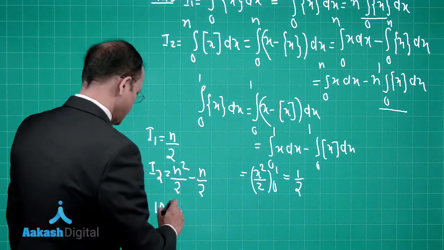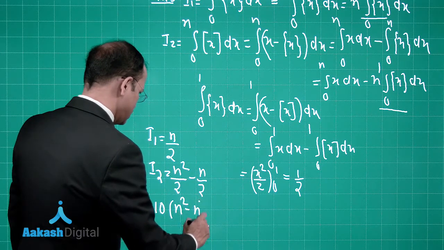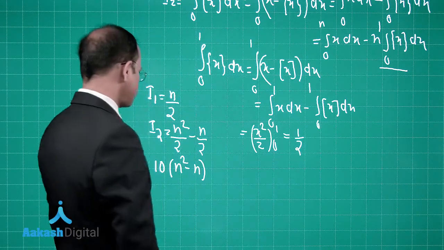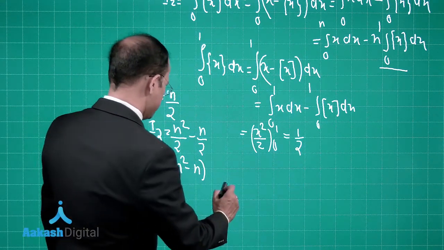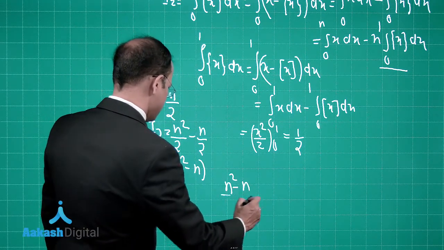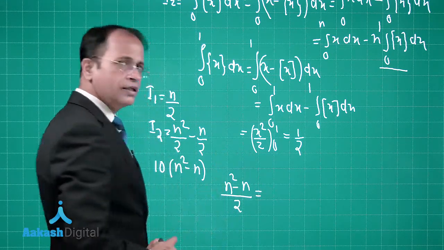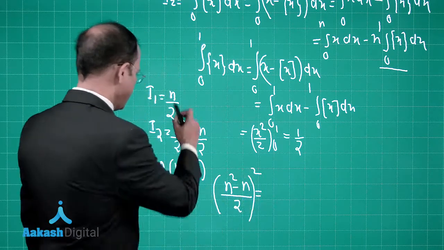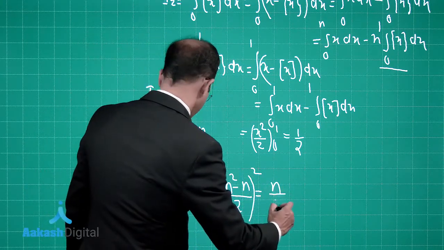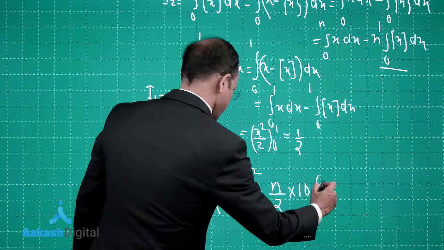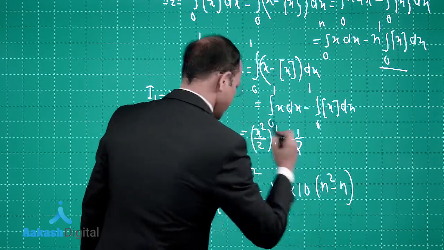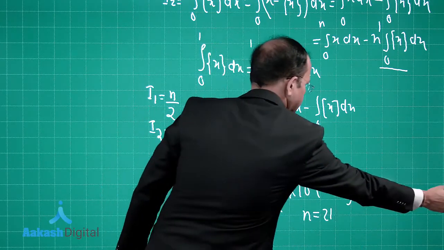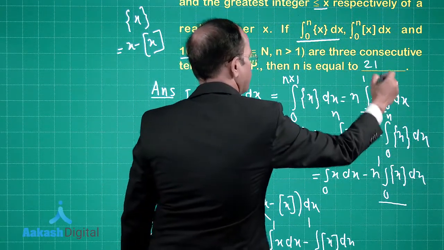If they are in GP, then b square is equal to ac, that is, n square minus n upon 2, squared, equals n by 2 into 10 times n square minus n, right? When you simplify, we get n is equal to 21. So the final answer is coming out to be 21, right?